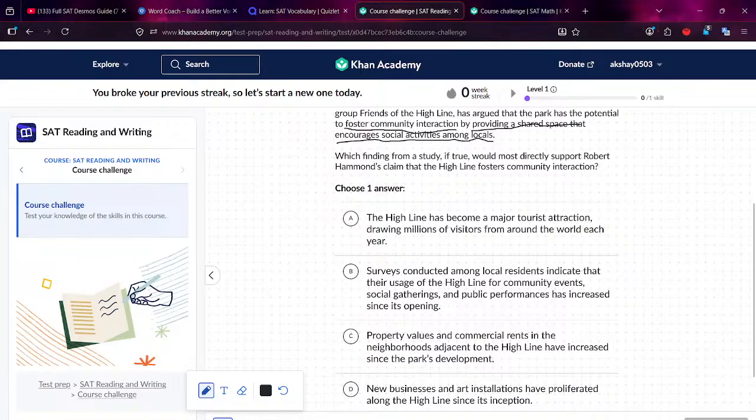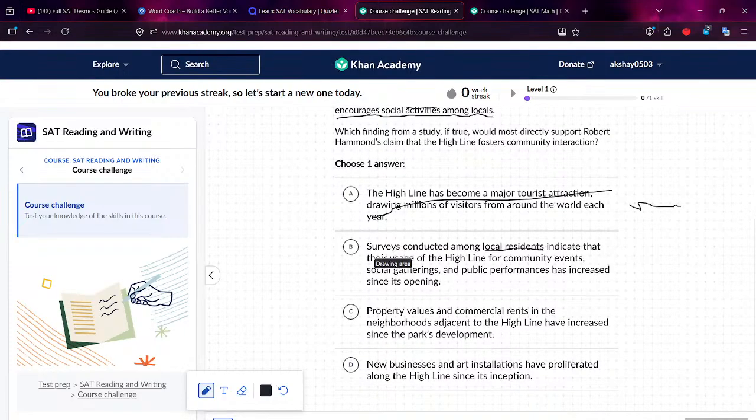So these are tourists, so it's kind of a medium support there. Local residents. So this is important because it says foster community interaction among locals. So actually we would have to cross this out because the claim is specifically about locals, right? So surveys conducted among local residents has increased since its opening.